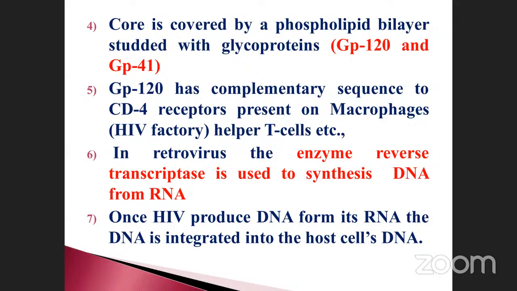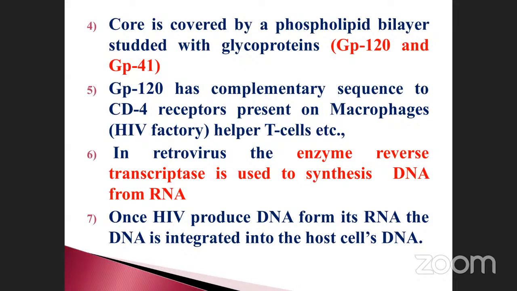See, in a retrovirus, the enzyme reverse transcriptase is used to synthesize DNA from RNA. That's why I asked you, what is transcription? Transcription is DNA to RNA. But in this case, HIV contains a single stranded RNA molecule.